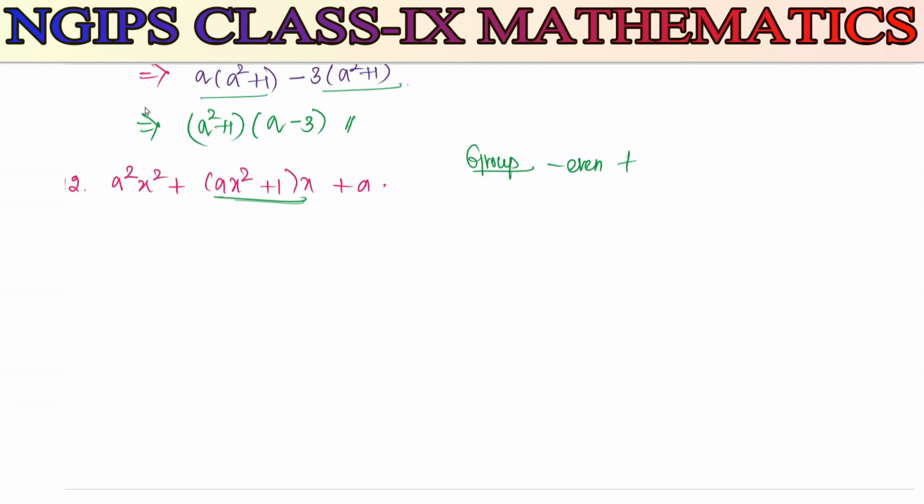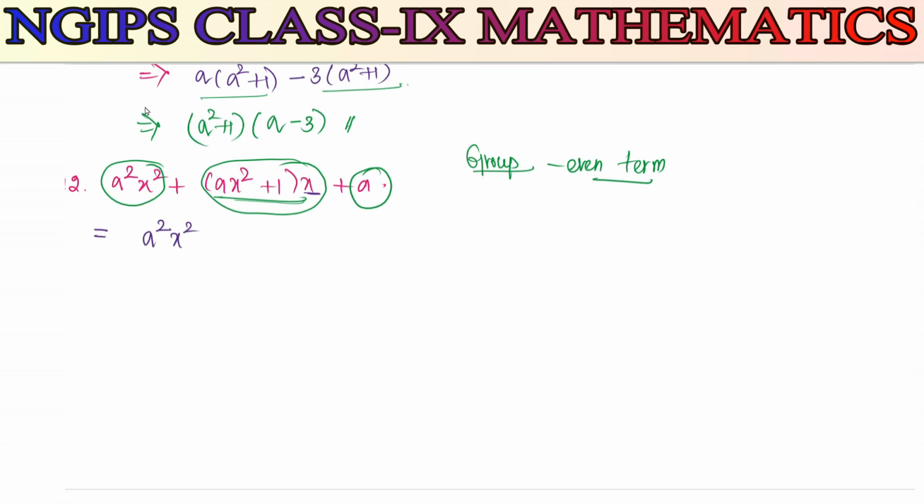When you have even terms only you are able to group the terms, but here we have an odd number. This is the first term, this is going to be the second term and this is going to be the third term. So totally we have only 3 terms. So what I am going to do here is make it 4 terms when we multiply x inside. Let me see how to get the 4 terms.